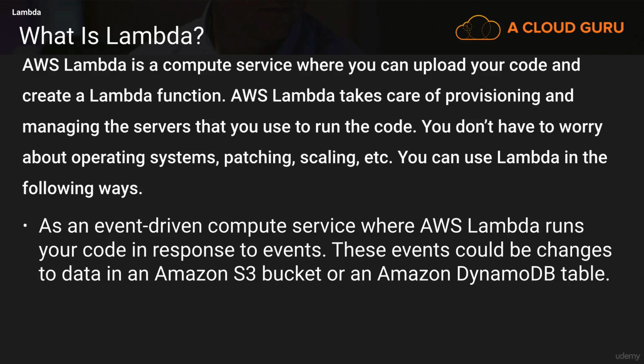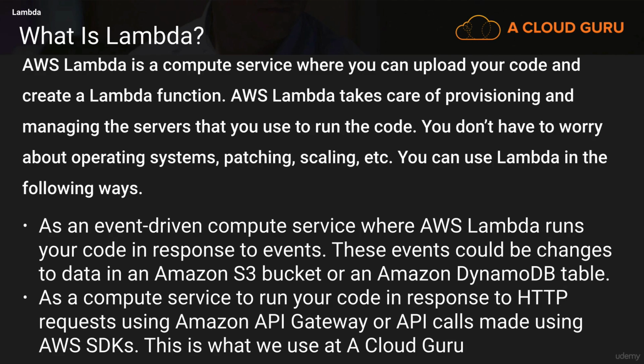It might do a whole bunch of different things. You can also use Lambda as a compute service to run your code in response to HTTP requests using the API Gateway or API calls using the AWS SDKs, and that's exactly what we do at A Cloud Guru. So if you are watching this on the A Cloud Guru platform or on your mobile device or laptop, you are literally interacting with Lambda as we speak.